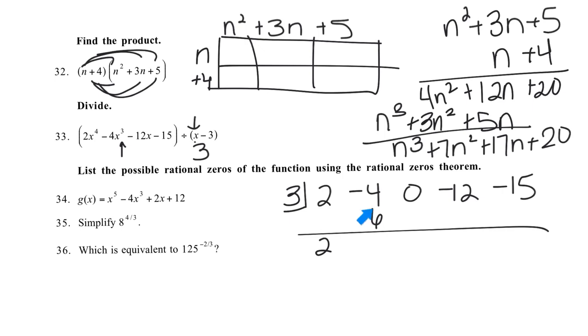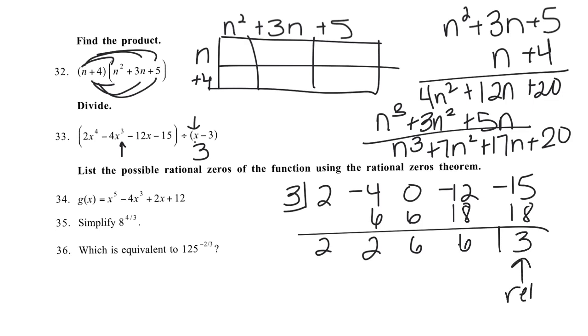And then we add, going down, so we have 2. We multiply again, 2 times the 3 gives us 6, and we add to get 6. And then we multiply the 6 times the 3, we get 18. And we add -12 plus 18 to get 6. And we multiply 6 times 3 gives you 18, and you add to get 3.